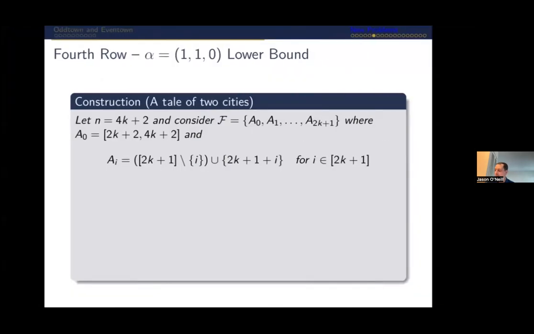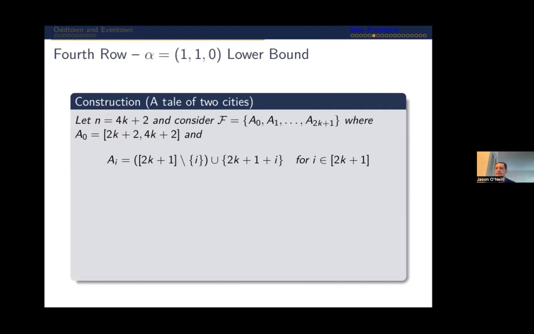And then the other sets take all but one element of the first city, and then they take a unique special element from the second city. So each of these has a unique special guy in the second city. This is a collection of 2k plus 2 sets when the ground set is 4k plus 2, so roughly n over 2.